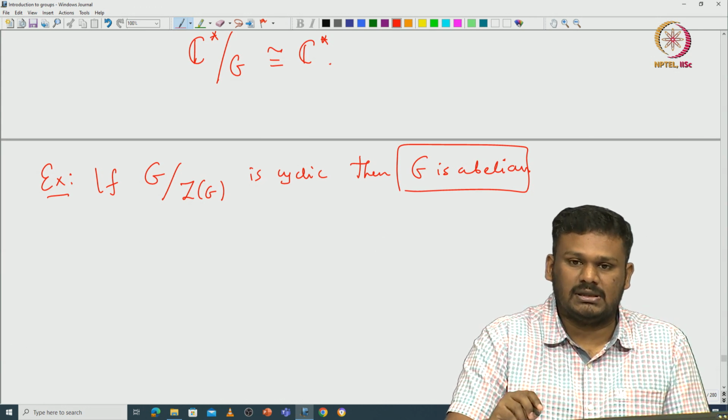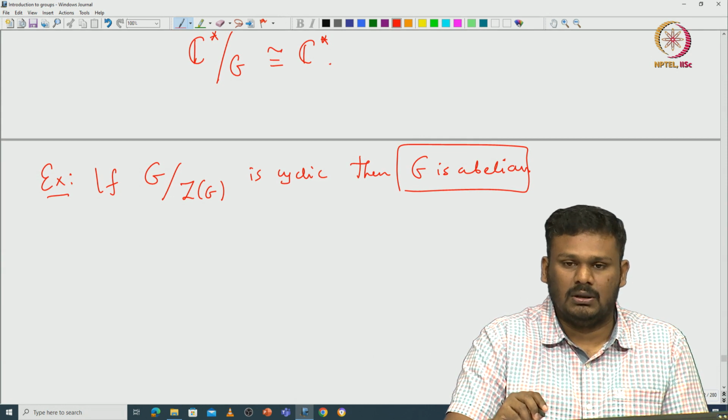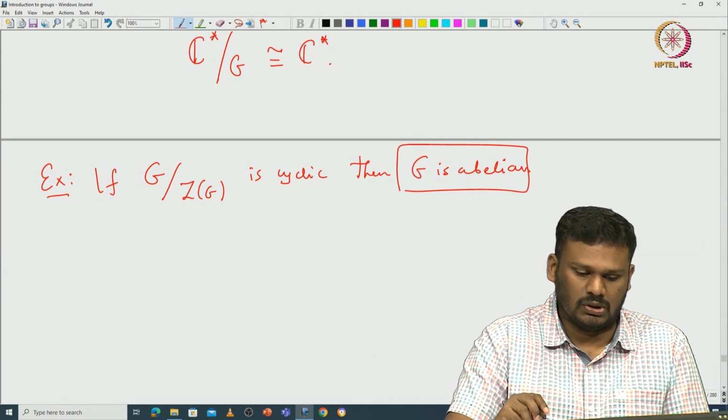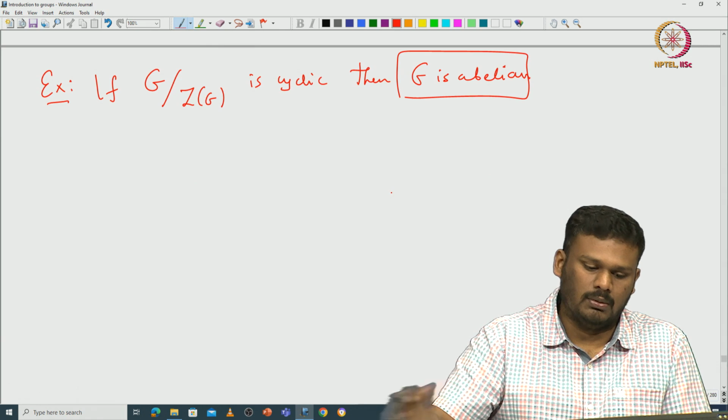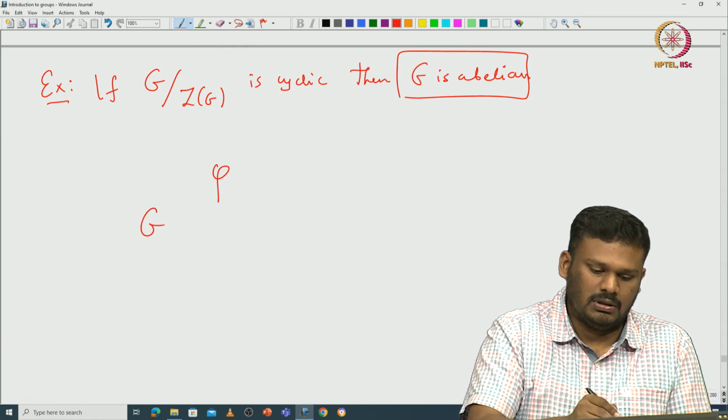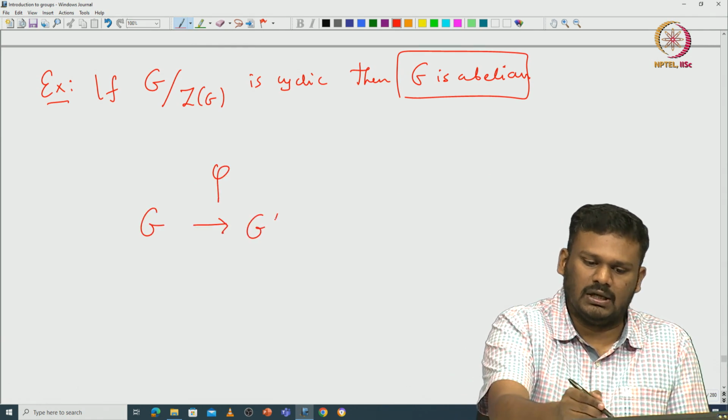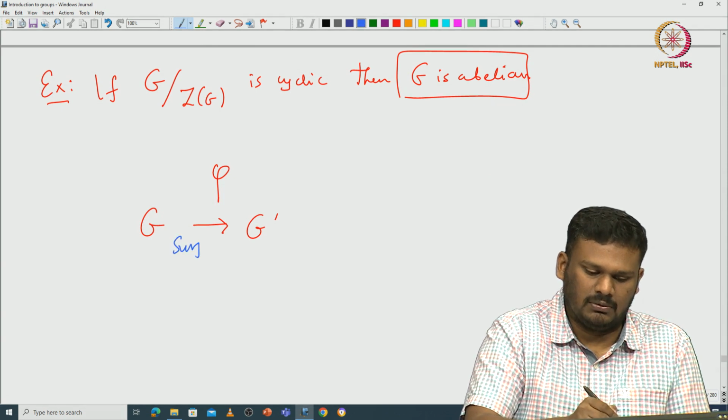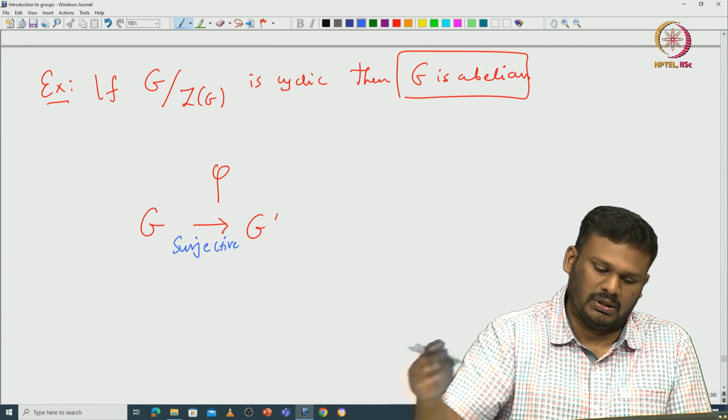We also have the lattice isomorphism theorem, which I already established. If you have a homomorphism phi from G to G dash, we can assume it to be surjective, not a problem, because anyway we are going to restrict to the image.